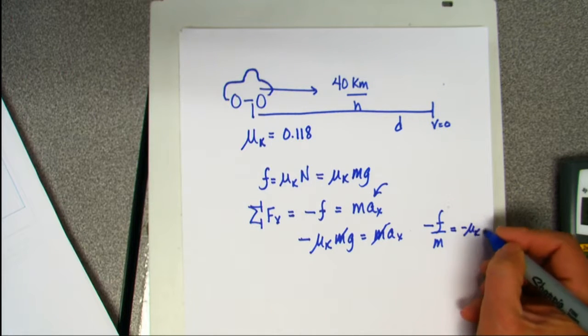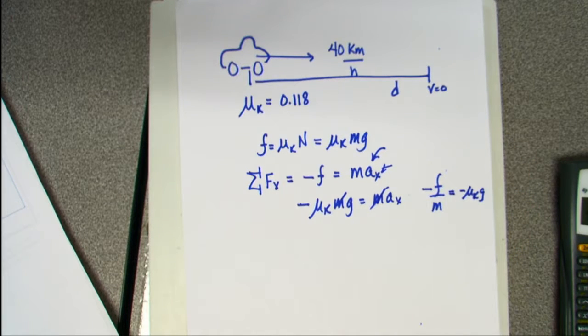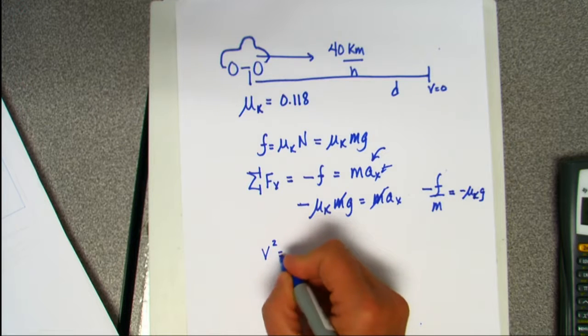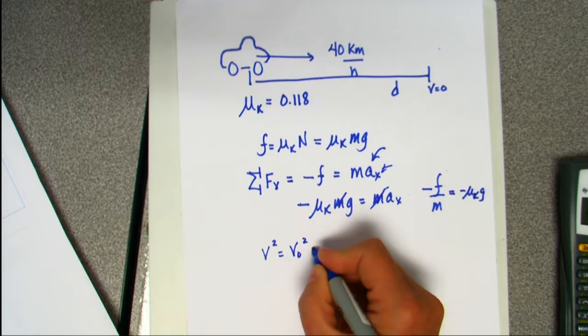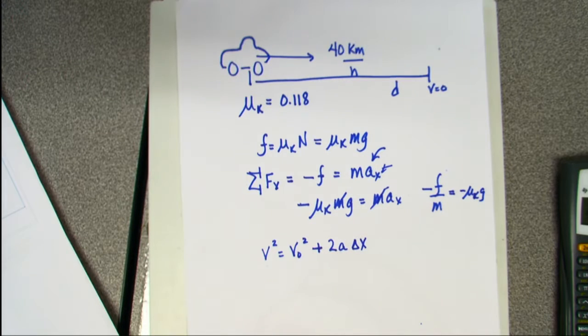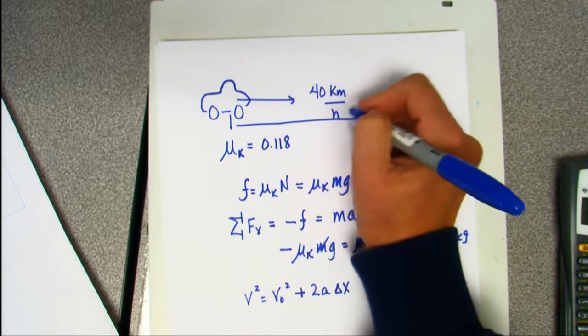So we can just play with it, but I have to figure out my acceleration in the x direction. We can use v squared is equal to v initial squared plus 2a times my change in position. I have to convert 40 kilometers per hour.